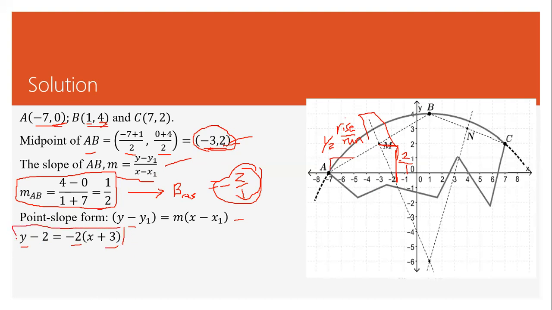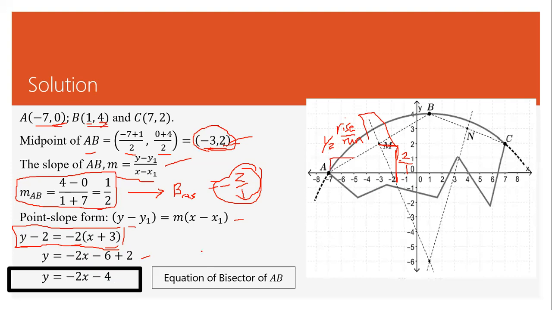So this is the point-slope form of the bisector line. Let's continue. y is equal to negative 2 times x, negative 2x. Negative 2 times 3 is negative 6, and then transposing negative 2 gives positive 2. So y is equal to negative 2x, and negative 6 plus 2 is negative 4. This is the equation of the bisector of AB.